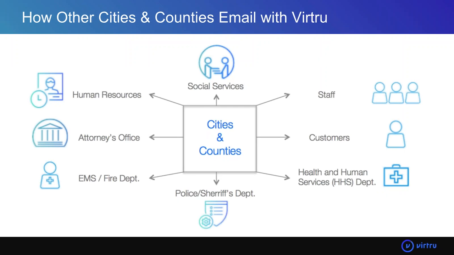So how does this specifically apply to cities and counties? As we would expect, the people that are handling the most sensitive data are the people this technology is most applicable to. Whether it be patient data going out through social services, or your health and human services, or your human resources data related to you as employees of a county or a city.